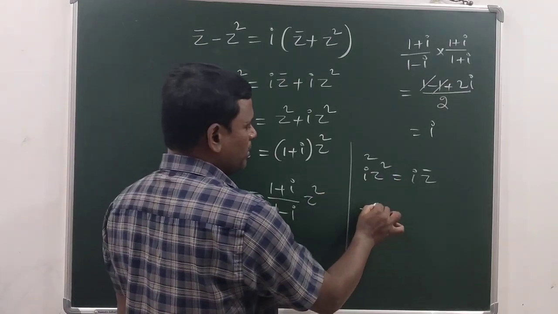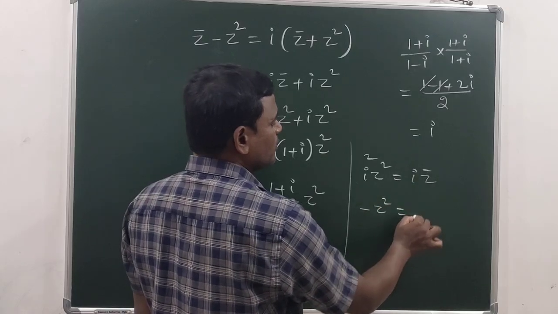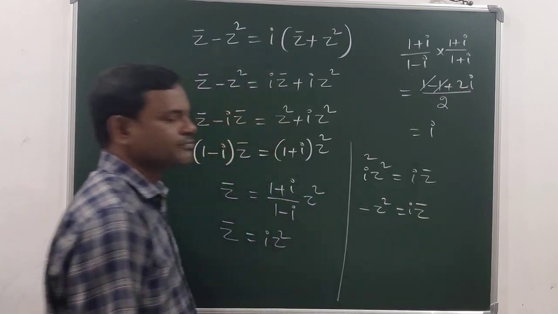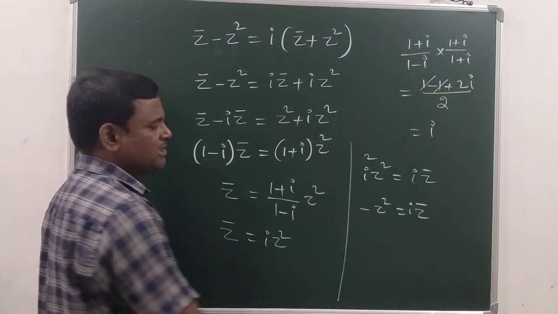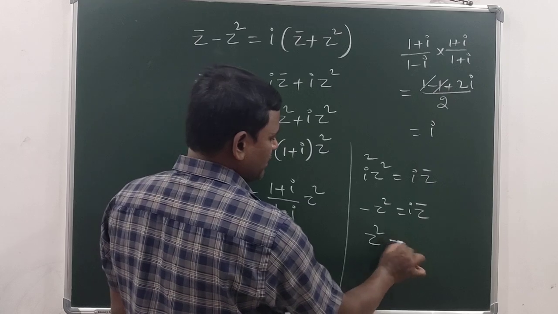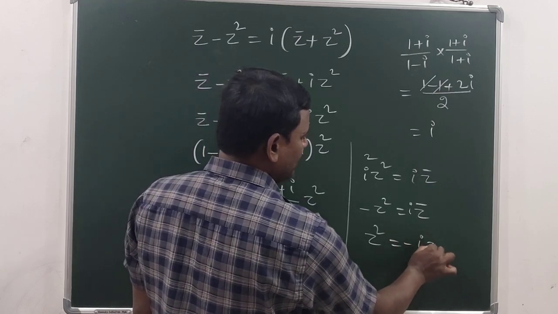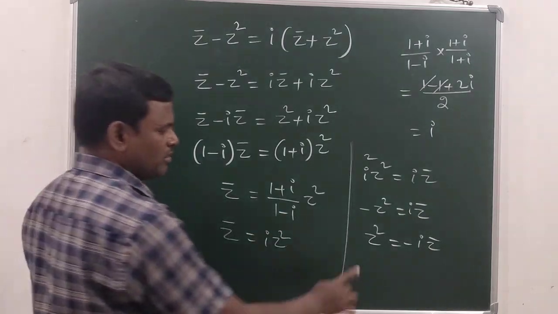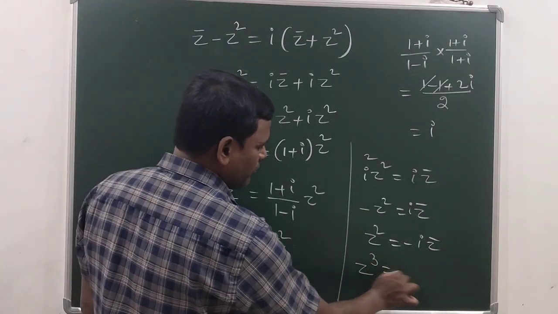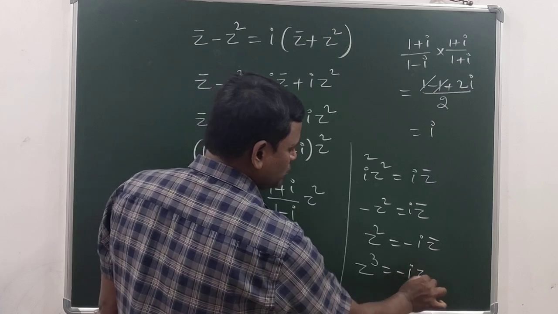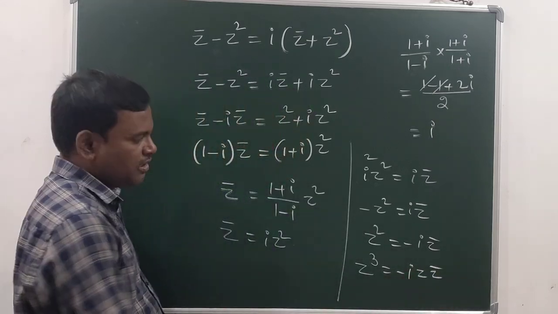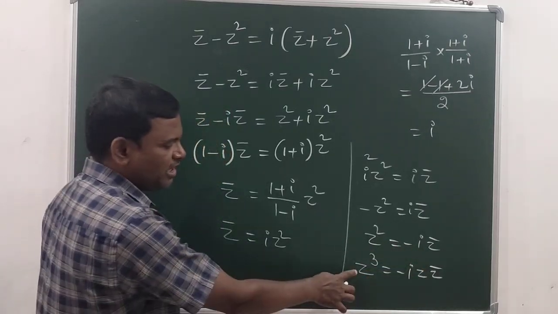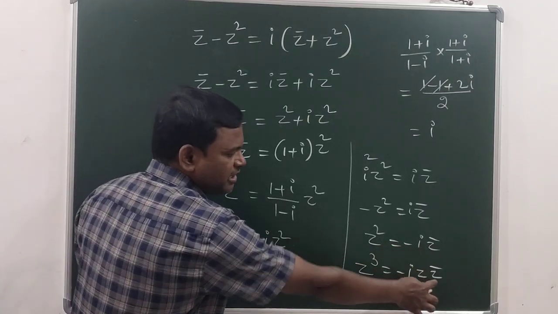So you get minus Z square is equal to i Z bar. Now multiply both sides with minus: Z square is equal to minus i Z bar. Now multiply both sides with one more Z, so that here you get Z cube, which is equal to minus i into Z Z bar. In this step, what did I do? Both sides I multiplied with Z, so that the left side became Z cube and the RHS Z into Z bar.